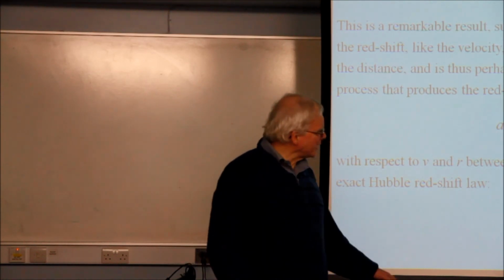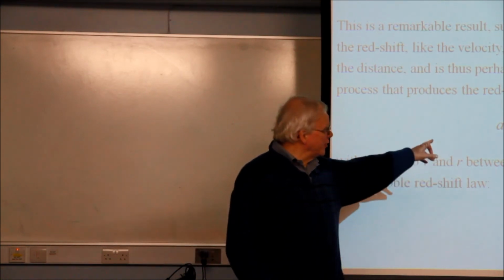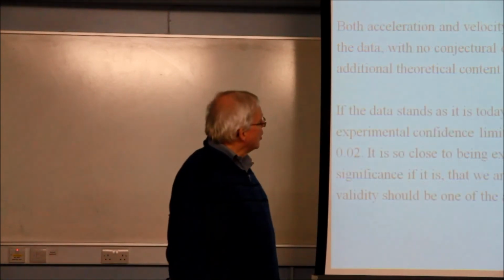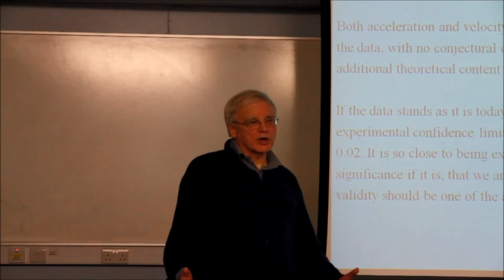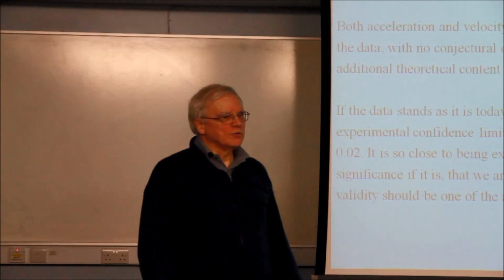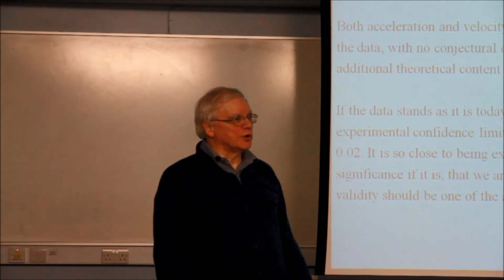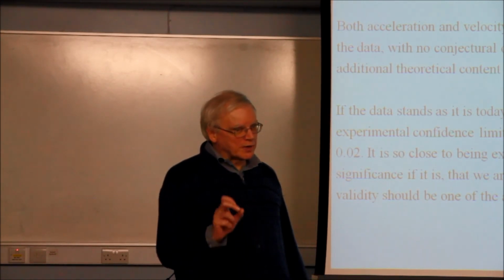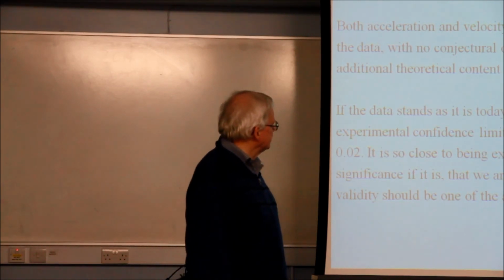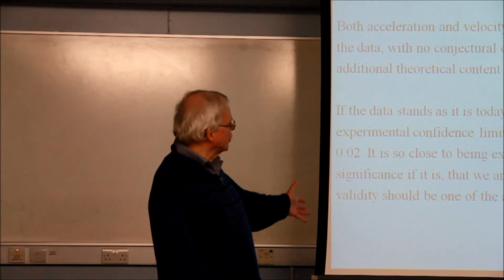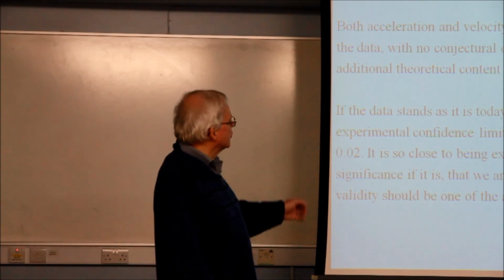So we get the exact Hubble redshift law if we integrate the acceleration term. We got the acceleration and velocity equations solely from the data. We haven't done any conjecture. We've used Friedmann's equations and then we put in the data and got, assuming that the data is this exact value, the acceleration and velocity terms. No modelling, no structure, no assumptions whatsoever.